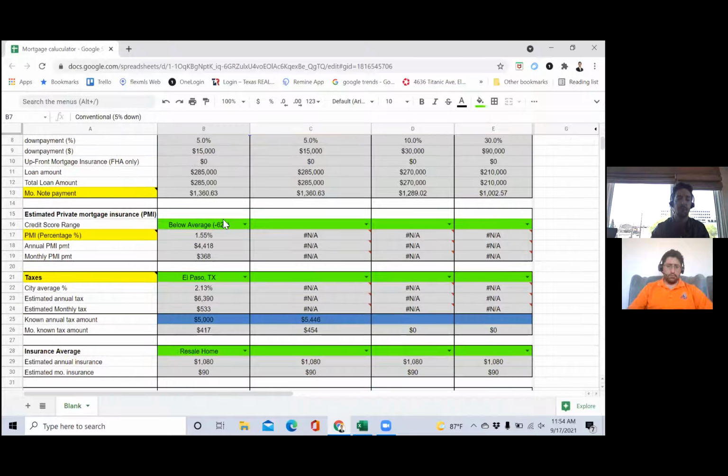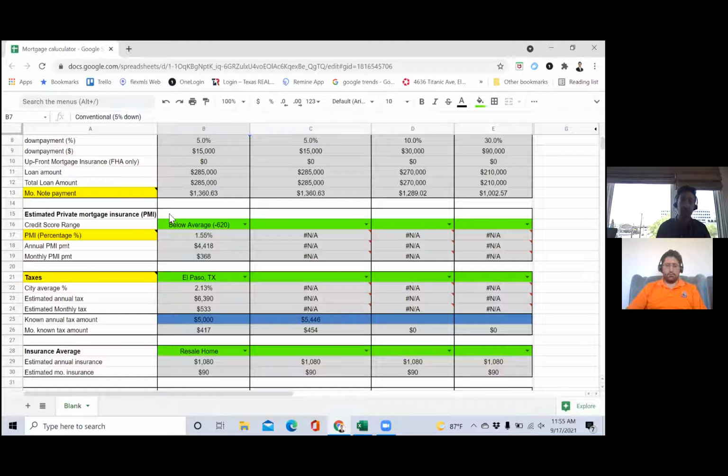Okay, private mortgage insurance. A lot of people don't understand it. Briefly, it doesn't insure you, it insures the lender. And most lenders will require a private mortgage insurance if you do not put 20% down or more, because it's a riskier loan.